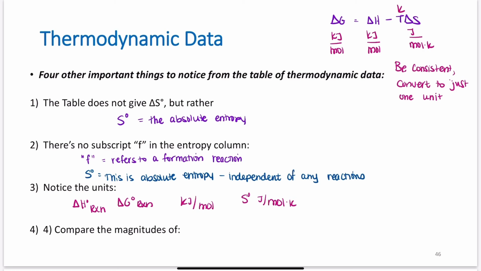And compare the magnitudes. S naught is usually much smaller than delta H of the reaction and delta G of the reaction. Delta H and delta G are often similar, meaning they're in the same ballpark. Delta S is usually very, very small comparatively.